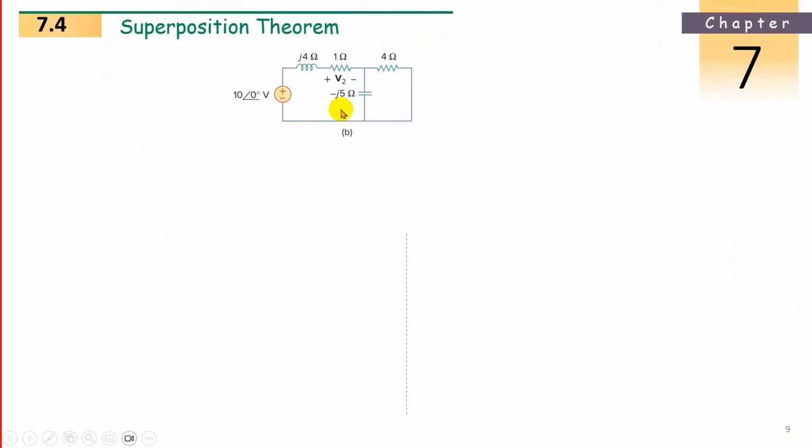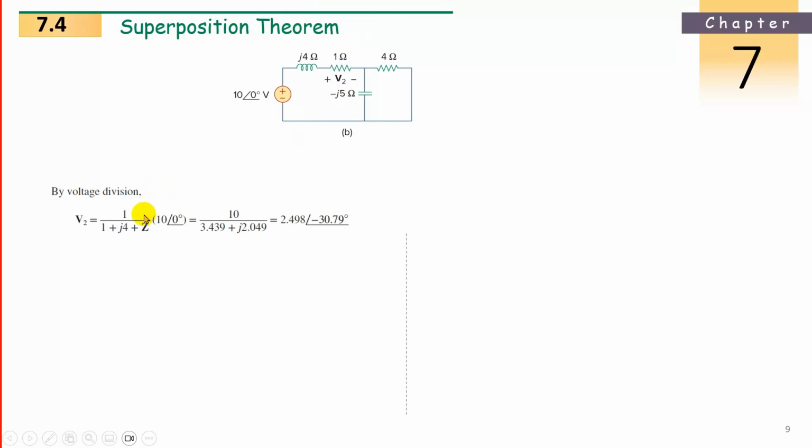Okay, let's see. So this is our circuit. Now by voltage division rule, what is V2 here? It is nothing but the voltage divided by total resistance, or total impedance as per this one, multiplied by the point at which we want the voltage, that is 1 ohm.